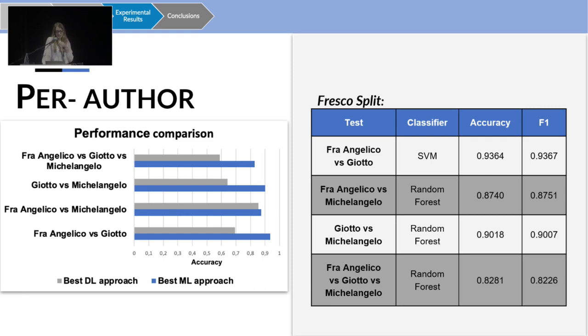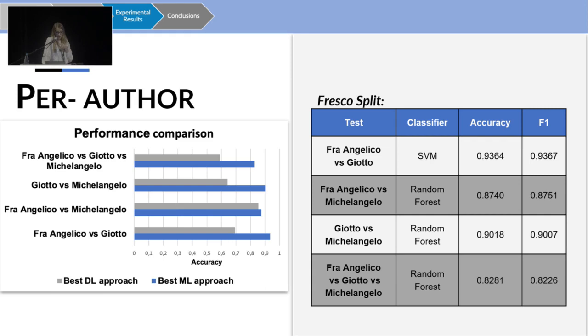And we can see this also in the figure, because in the image we report the best accuracy both for deep learning and machine learning approach. And we can observe how machine learning outperforms the deep learning approach for more or less all the categories.